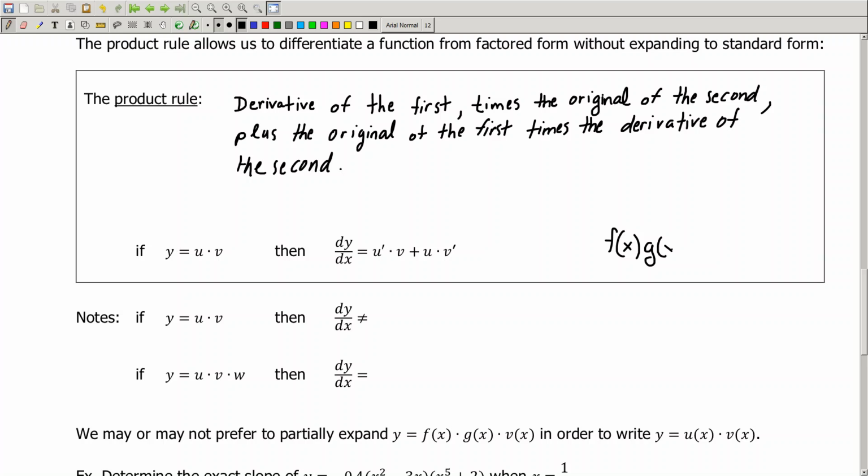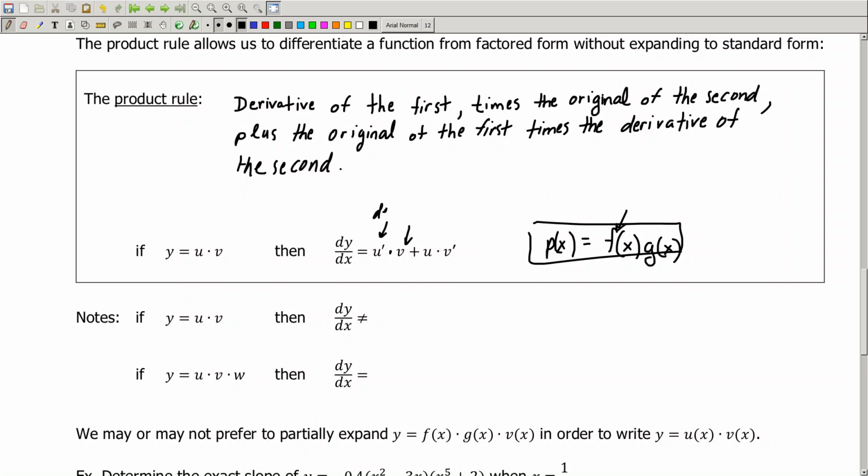So if you make a function, let's call this function p of x, such that it's a product of two other functions, then its derivative is very simple. You take the derivative of the first guy, in this case it's f of x, and multiply it by the original of the second guy.